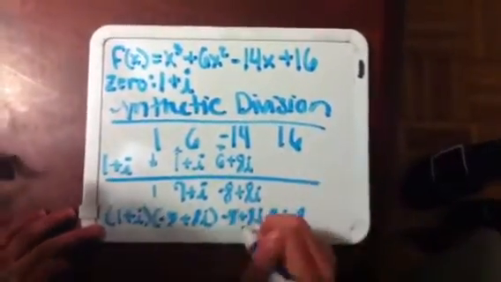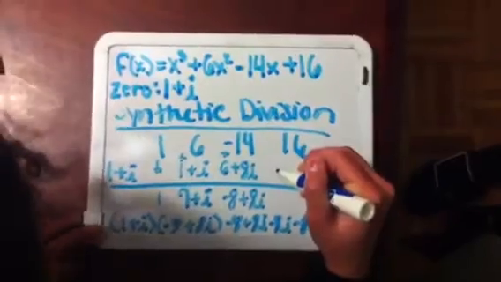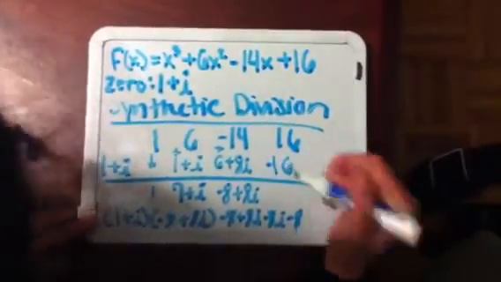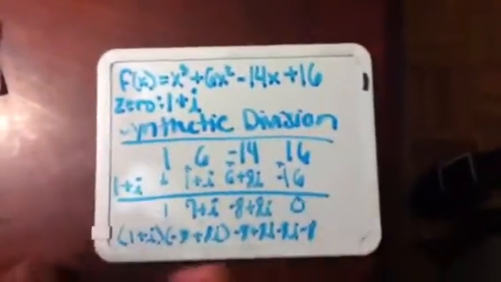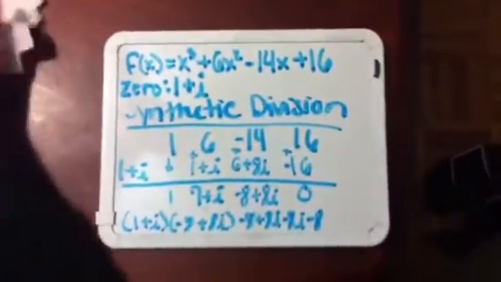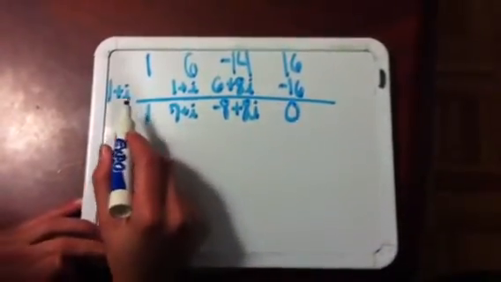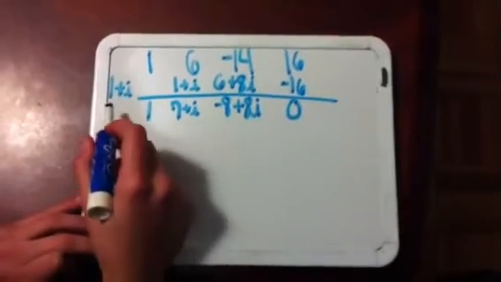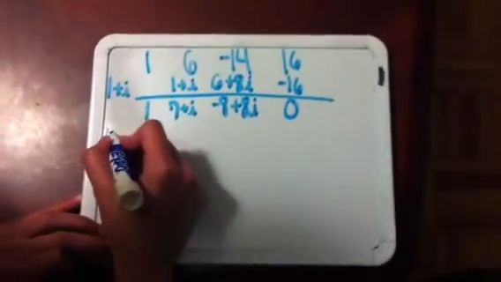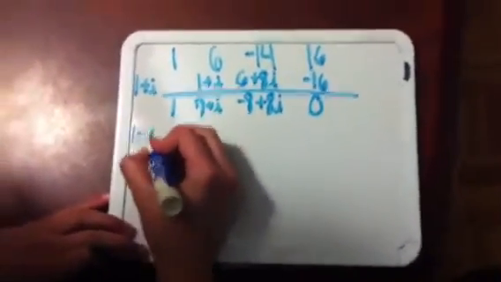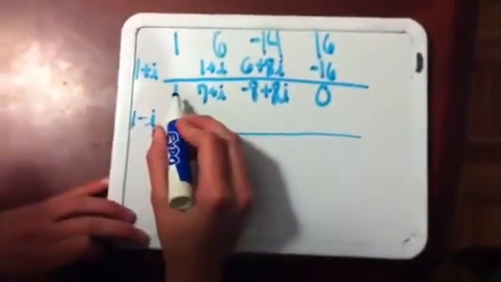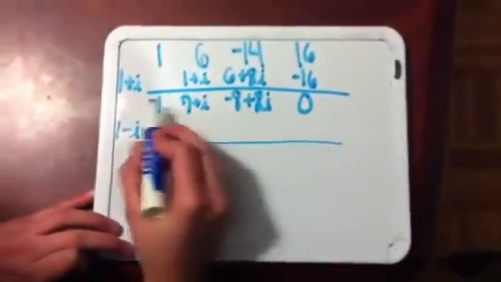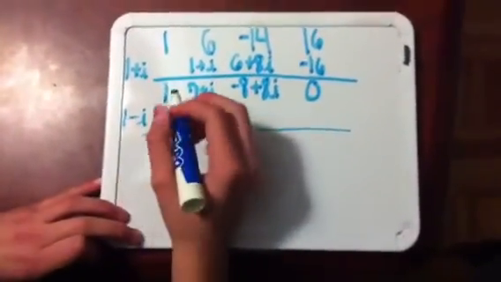So then, once we simplify that, we get negative 16, which 16 plus negative 16 is 0. Since 1 plus i is one of the roots, you know that its conjugate root is 1 minus i. So the next step in the problem is to synthetically divide our first answer by 1 minus i.